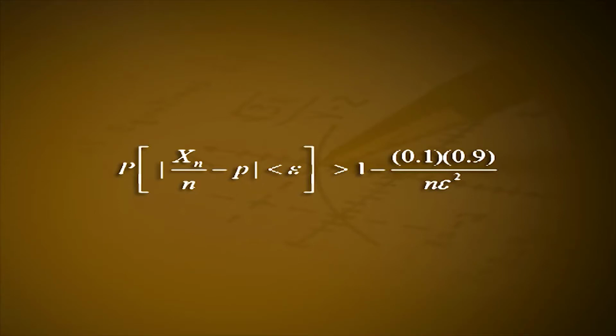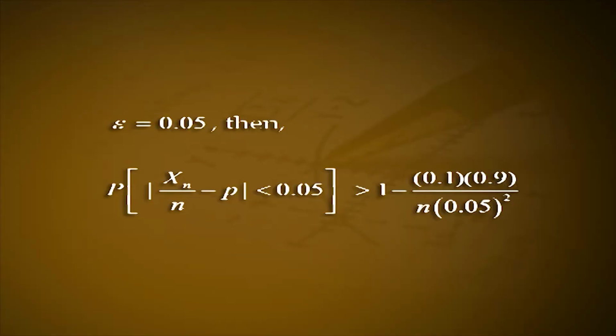2. If it is known that p is less than 0.1, then probability of modulus of Xn by n minus p less than epsilon is greater than 1 minus 0.1 into 0.9 divided by n into epsilon square. Put epsilon equal to 0.05, then probability of modulus of Xn by n minus p less than 0.05 is greater than 1 minus 0.1 into 0.9 divided by n into 0.05 square.